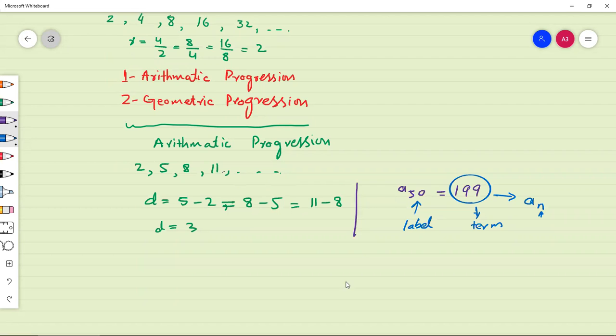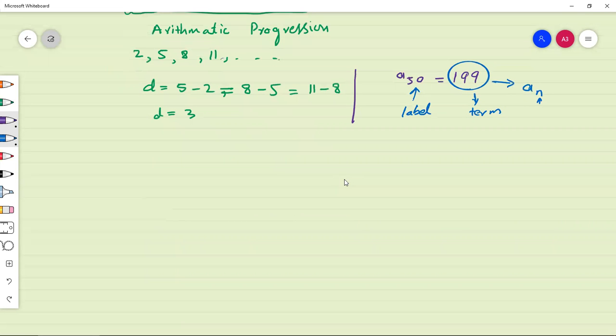So the general term formula in arithmetic progression is, if you look at this, remember this pattern: a is equal to 2, a meaning the first term. A2 is actually A1 plus d. You can add the difference to the first term, then you will find the second term.